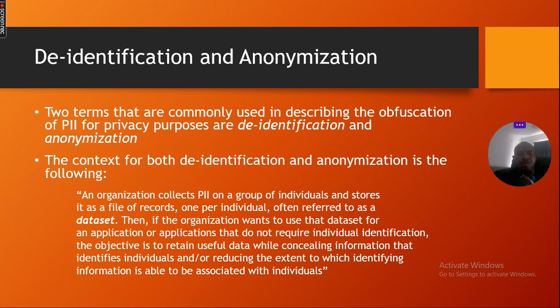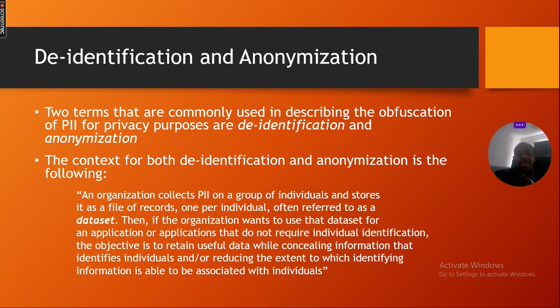Then the objective is to retain useful data while concealing information that identifies the individuals as the rightful owners of this information. You have to find a way to hide the individual's name, address, zip code, and probably social security number, so that the public will not know who are the males or females that have HIV, arthritis, hepatitis, or chronic cancers.